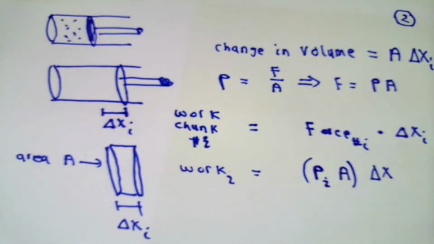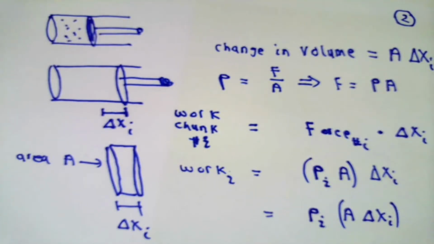But when you multiply three numbers together, it doesn't matter how you group the multiplications, so we're going to be very clever here. This tells me something. I'm going to take the pressure on this little interval and multiply it by the number A multiplied by the change in x.